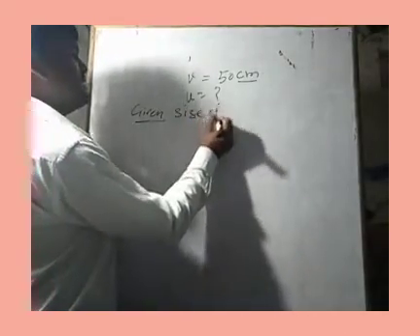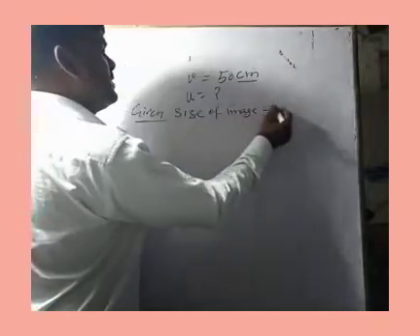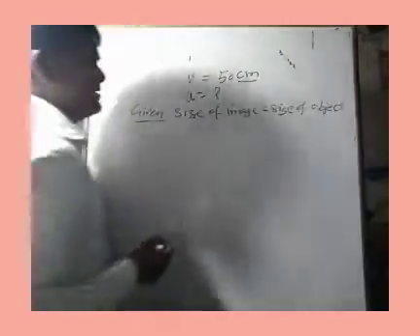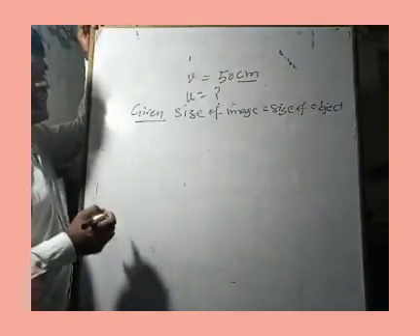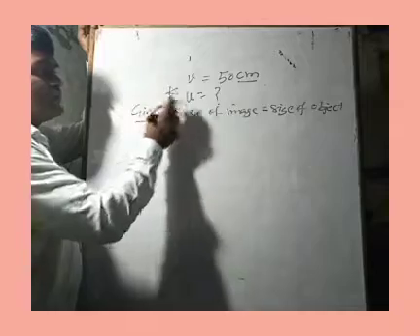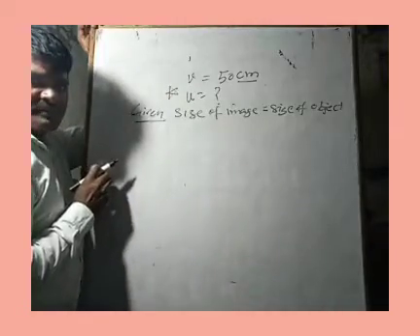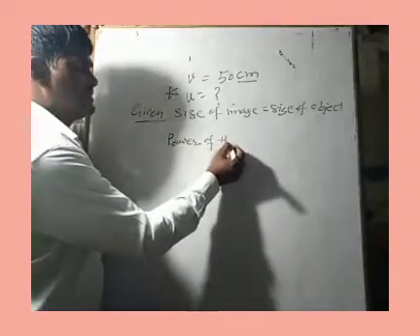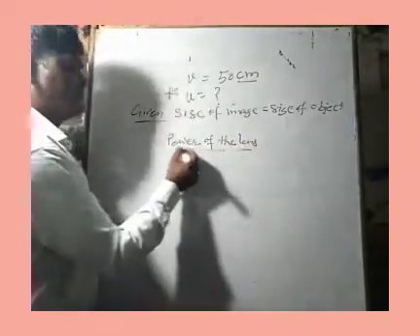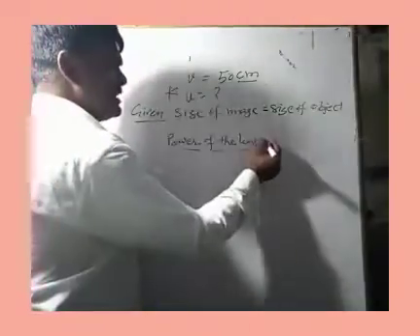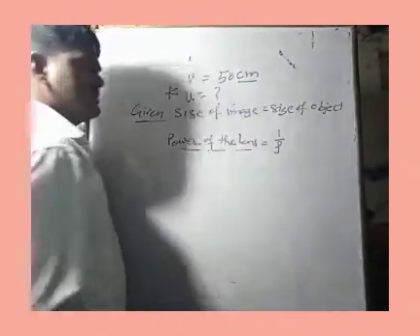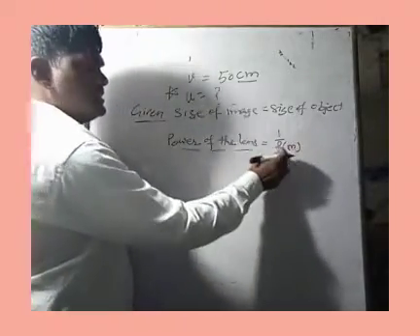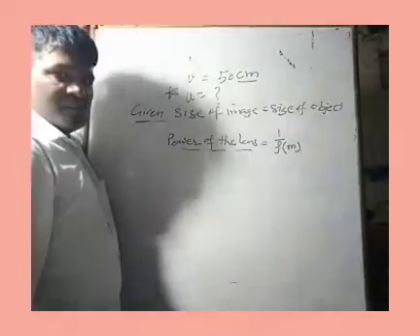Size of image is given equal to size of object. And finally, one thing we have to calculate is distance of object, and another, finally we need to calculate power of the lens. Power of the lens is given as 1 by f, such that this focal length is measured in meter.